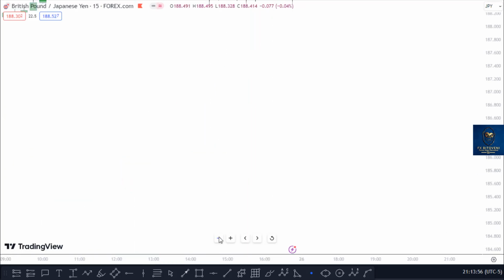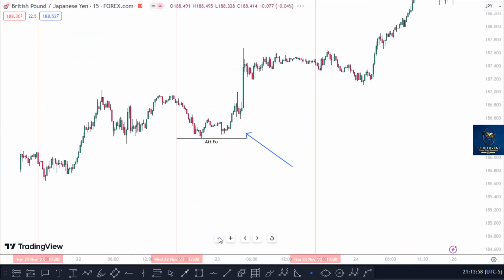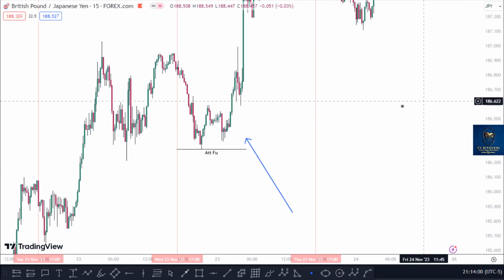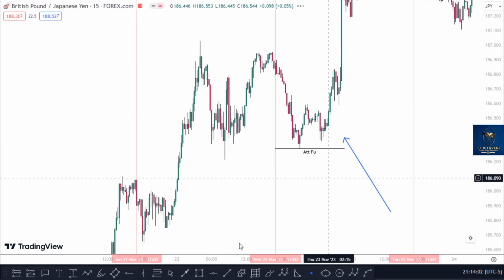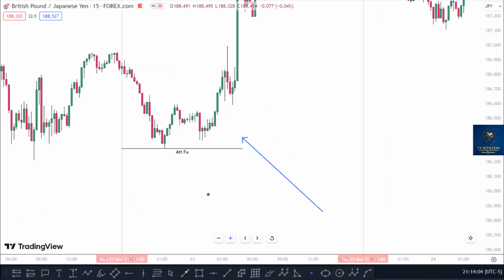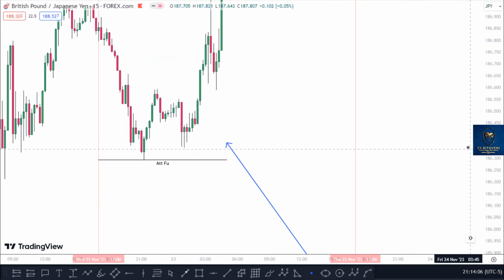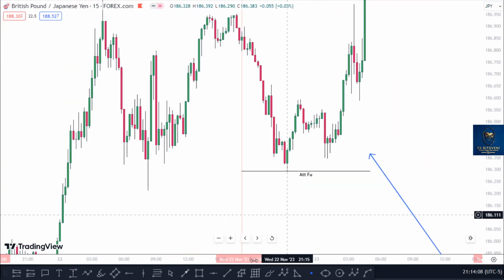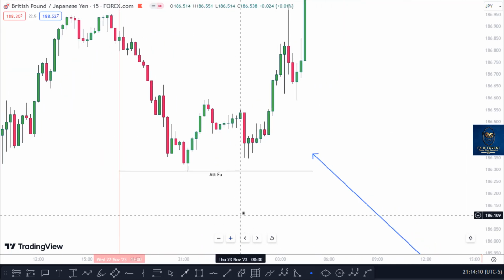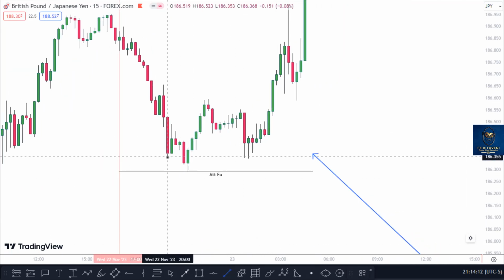So you are going there. After going there, you find what? You find a true range. You can see the liquidity grab.